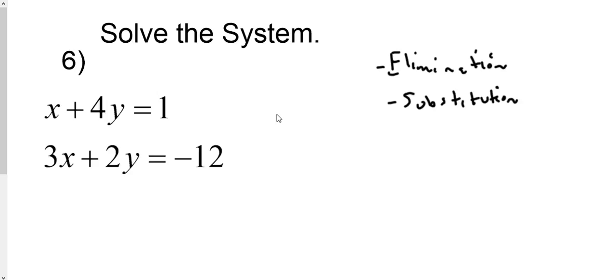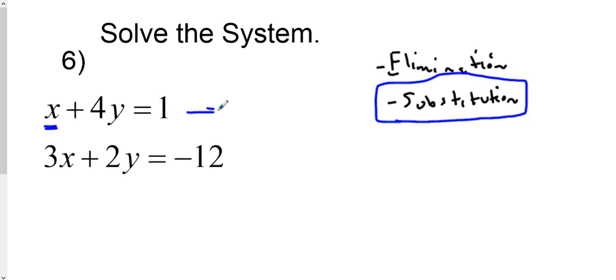However, there are some instances when you would prefer elimination or substitution. For example, in this problem, we have x plus 4y, and you realize that x has a coefficient of 1 all by itself. Because you see one variable by itself, the best method to use in this case would be substitution.